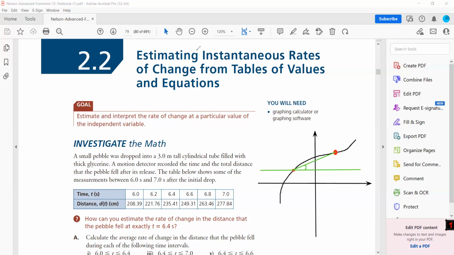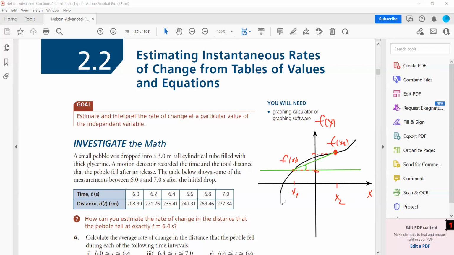Let's recall the formula that we use in order to evaluate the average rate of change. First point is f(x1). Second point is f(x2). And here is x1 and here is x2 respectively. Our function values are located here on the y-axis, or in other words, f(x) is here and x is here.